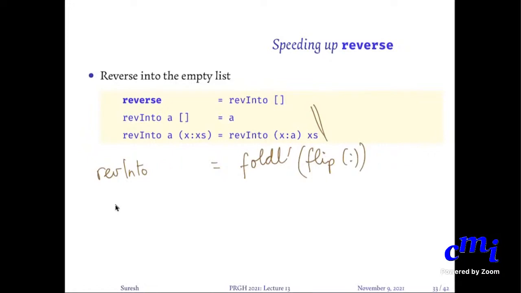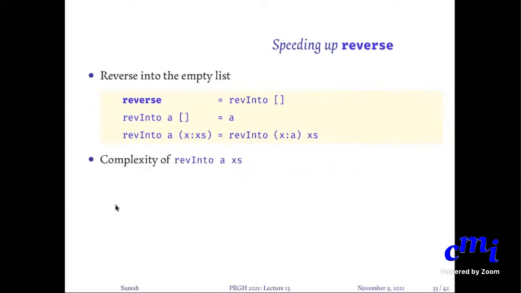That's all. If you want, you can call it that. In any case, it is good to look at the definition, because what is the complexity of reverse into a xs? Let's look at that.